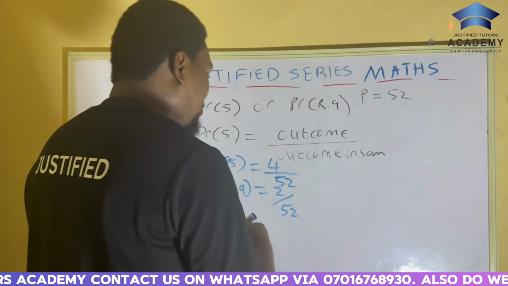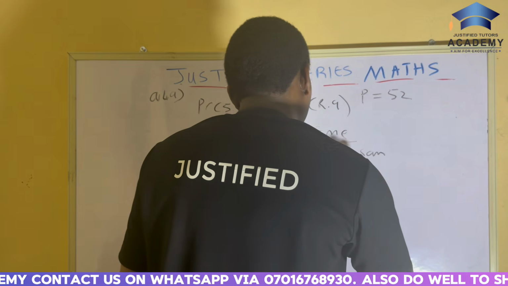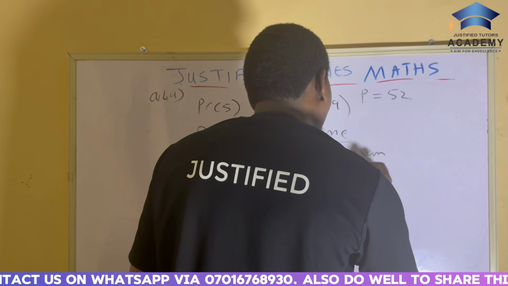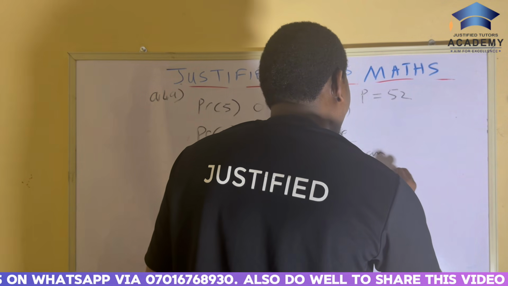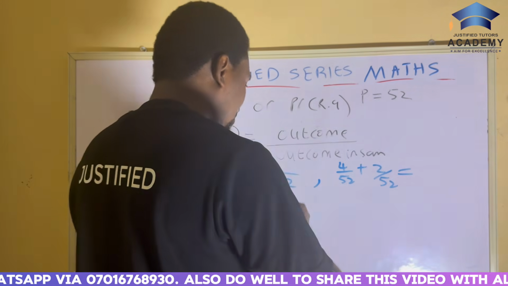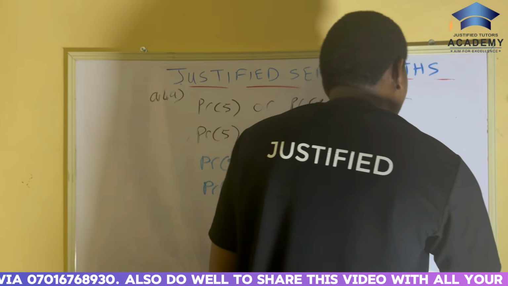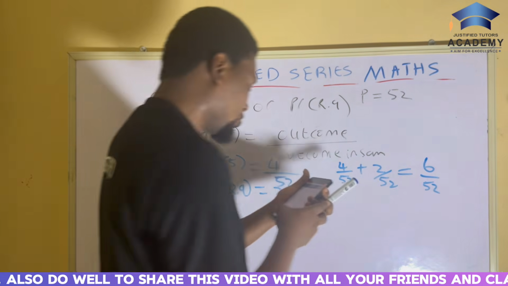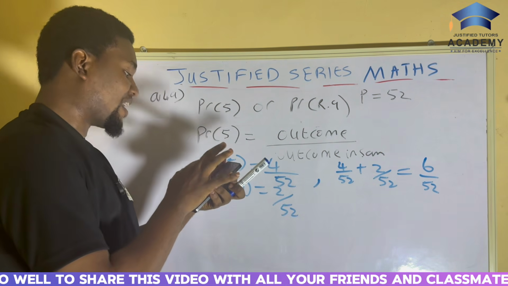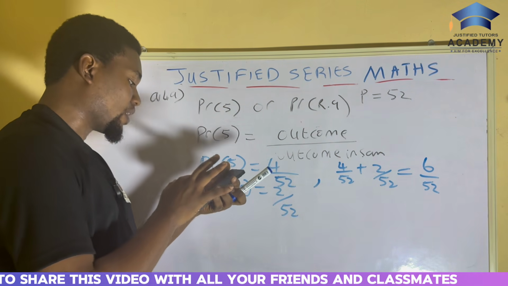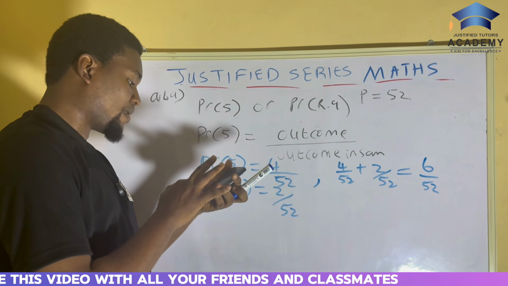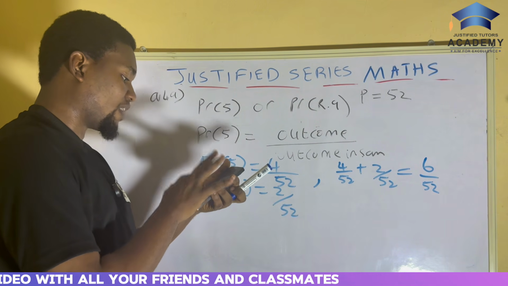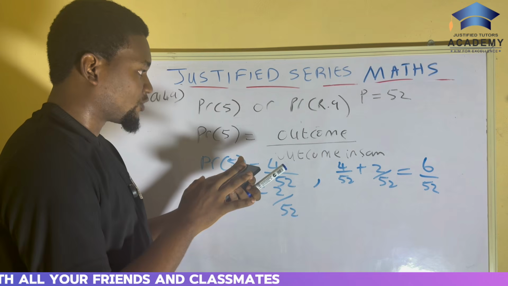So 4 over 52 plus 2 over 52. 4 plus 2 is 6, so 6 over 52. Now, can 6 go into 52? Everybody, on your calculator, divide 6 by 52. You get a decimal value. So, let's do 3.